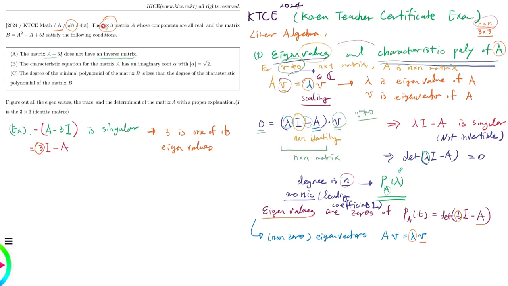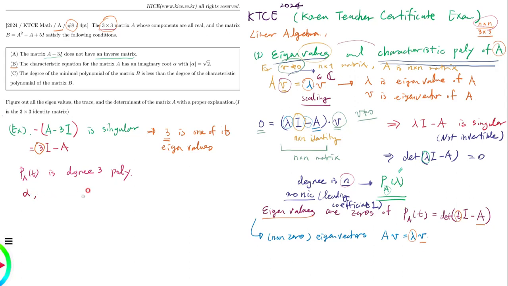So in this case of a 3 by 3 matrix, its characteristic polynomial is a degree 3 polynomial, and one of its zeros is 3. And by condition B, we have another complex eigenvalue, which is alpha.